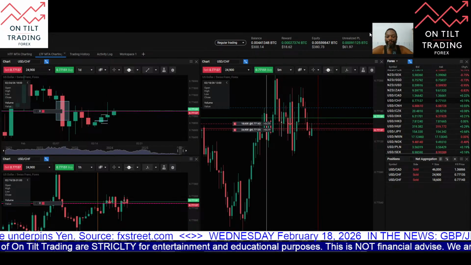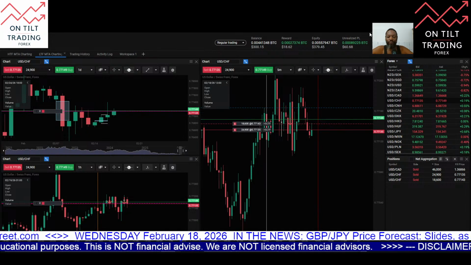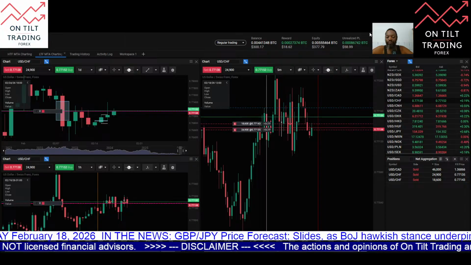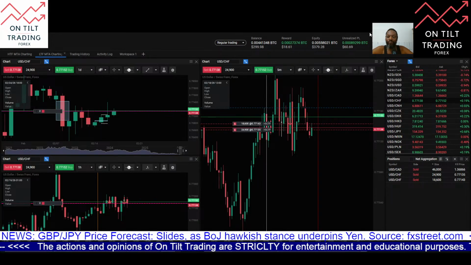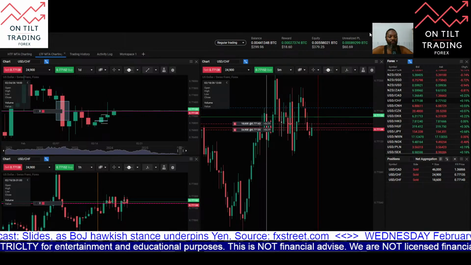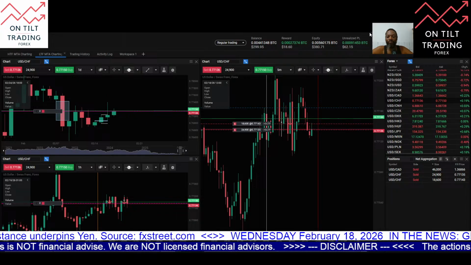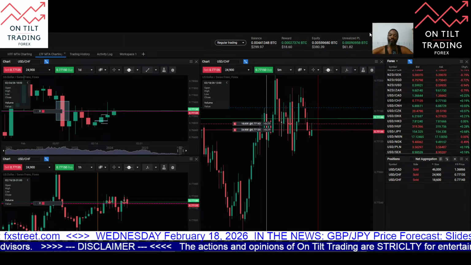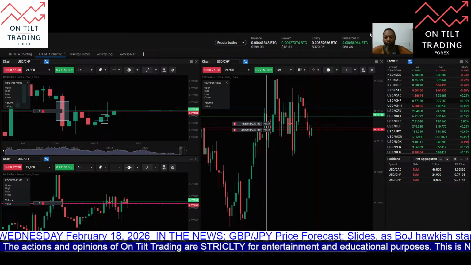Seeing consolidation. Still consolidating here. Less than 1 minute remaining in the current 5-minute candle.